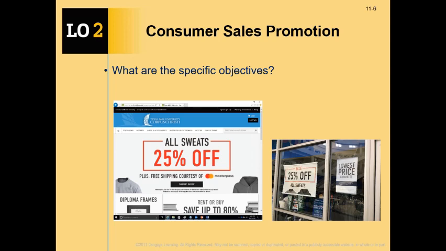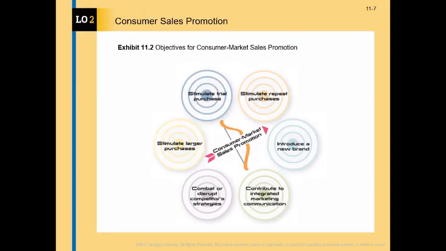But you see the same approach if you go to the actual store or establishment, and if you receive emails, you have a consistent message. One more time, the objectives, regardless of what they are, should be implemented in a way that they are consistent and aligned. These are the 6 main objectives for consumer market sales promotion.